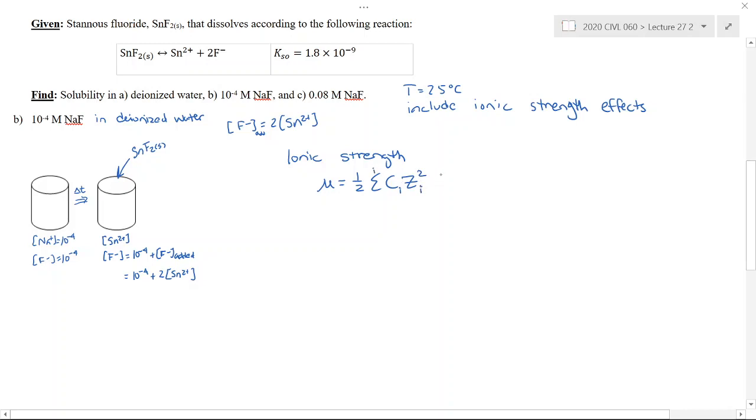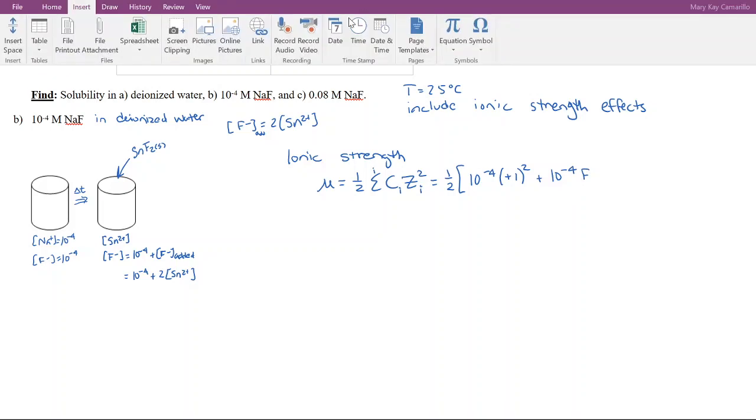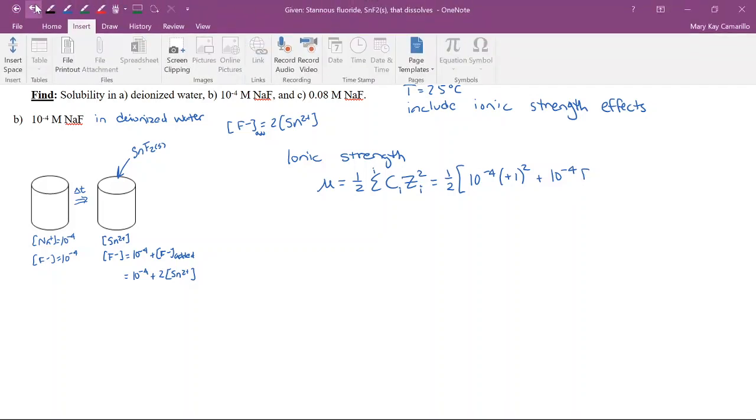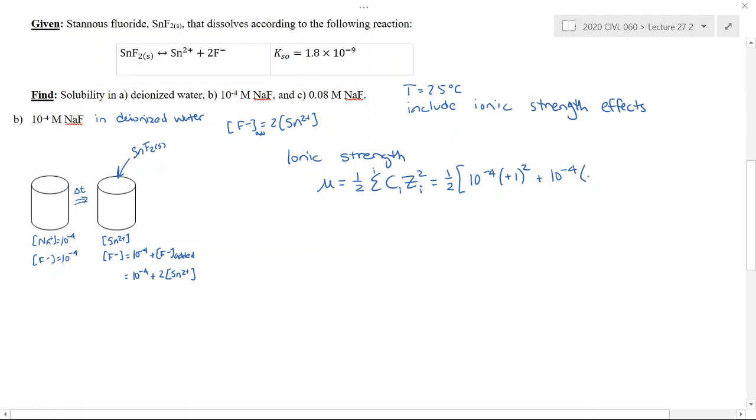So for this solution, that is going to be 1/2 times the quantity: 10 to the minus 4 for the sodium, which has a +1 charge, plus 10 to the minus 4 for the fluoride that is added, and that's a -1 charge. So this is the sodium, and that's the initial fluoride. And then we also need to include the stannous fluoride being added.